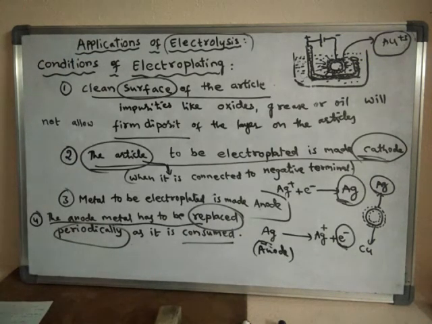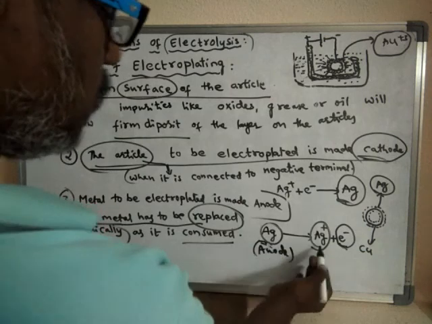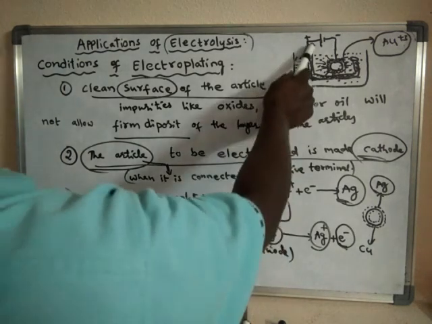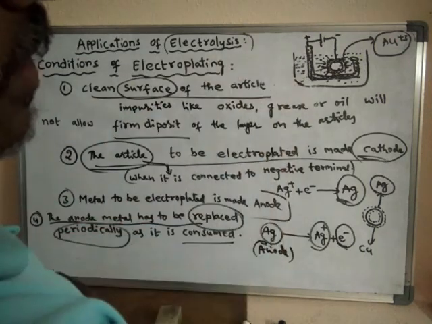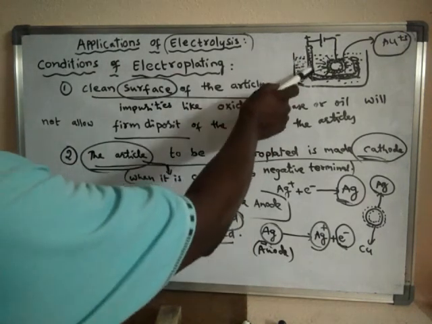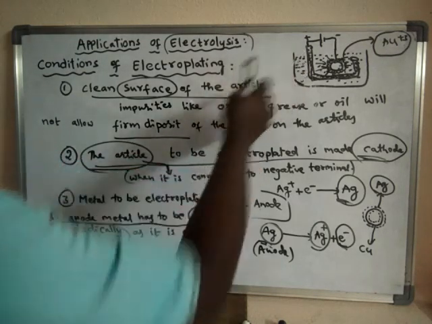The anode is used up during electrolysis. How is it used up? Because the anode material is ionized into cations, or positively charged ions, and those positively charged ions leave the anode and enter into the solution, the electrolyte. So the material of the anode is used up.